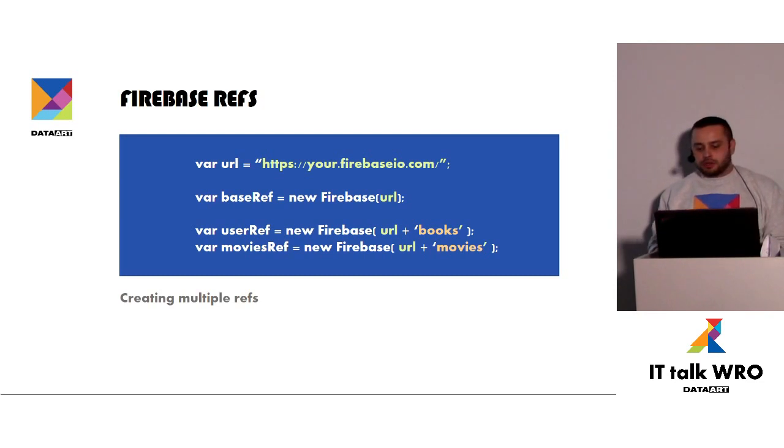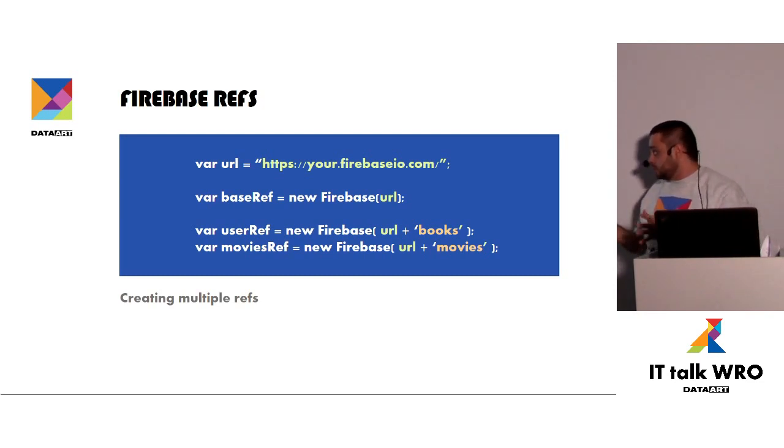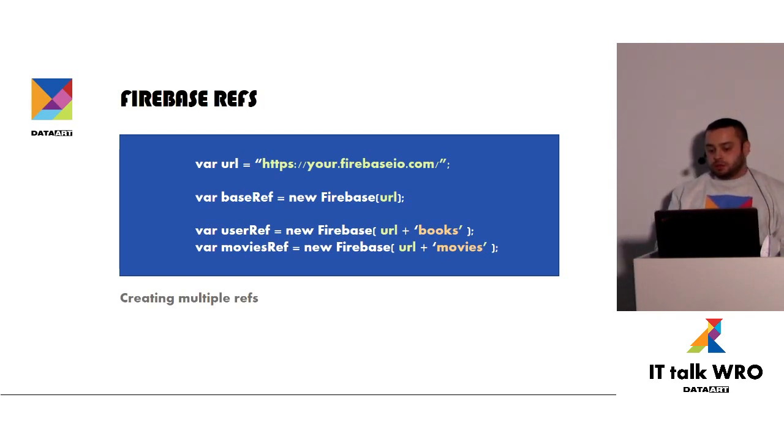You could create lots of references to track any particular child of your data. And one more thing, there is no overhead, no performance issue with duplicating those refs. It's a really cheap operation, so if you have to do this, you definitely would want to do this.